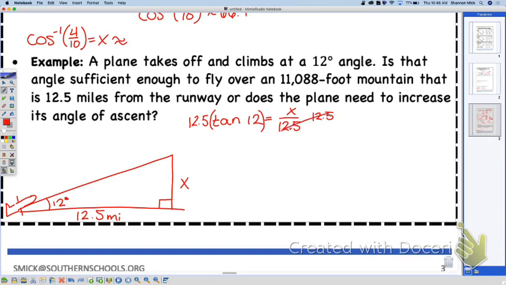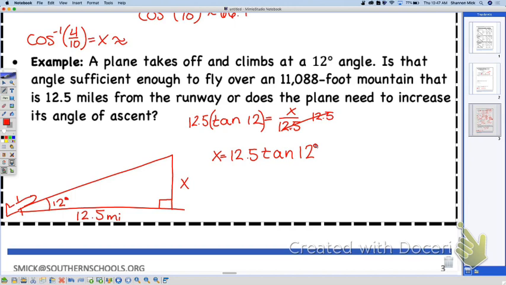So I have x equals 12.5 times tangent of 12 degrees.